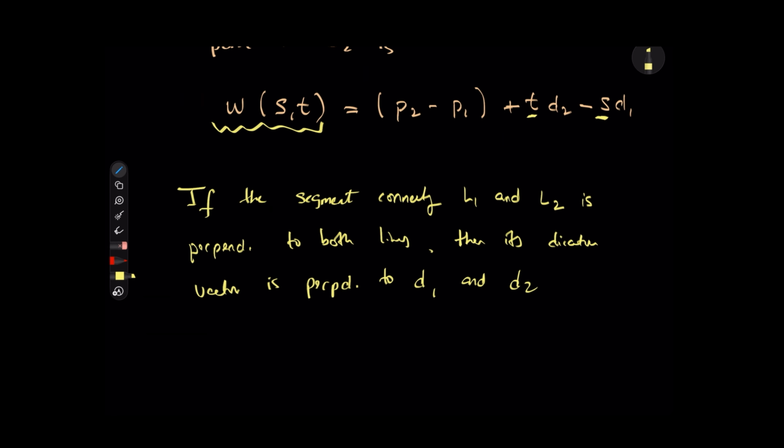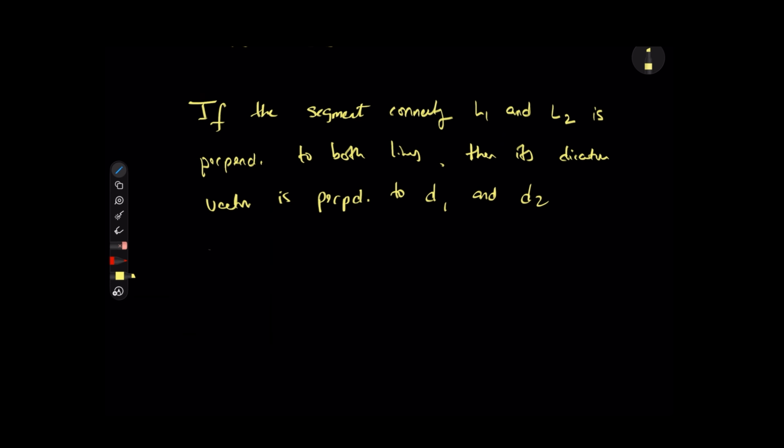If it is perpendicular to D1 and D2, it is parallel to D1 cross D2.